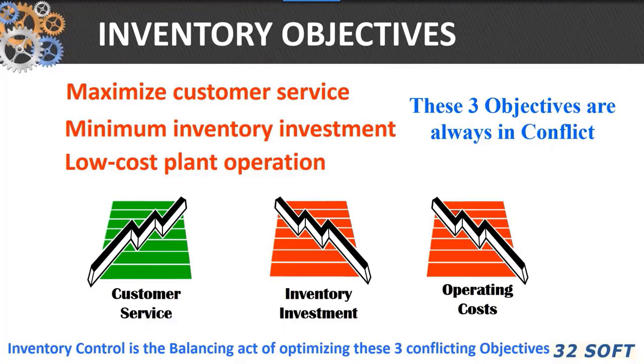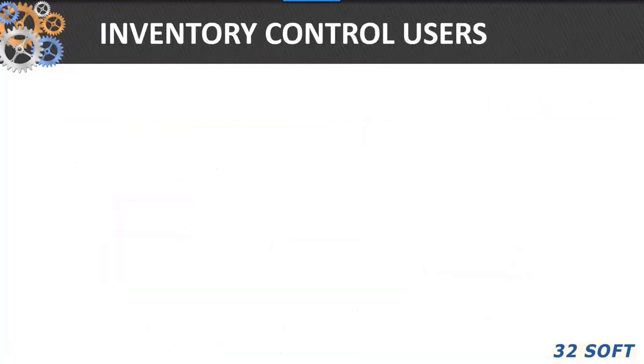He couldn't even handle balancing these three objectives. So it's a tool and a process that we have to undertake.